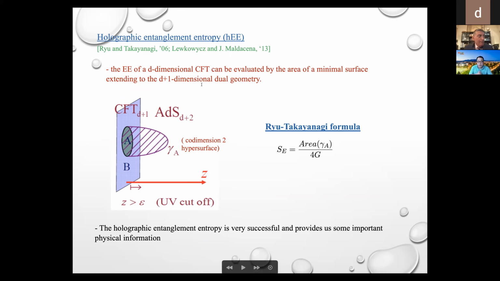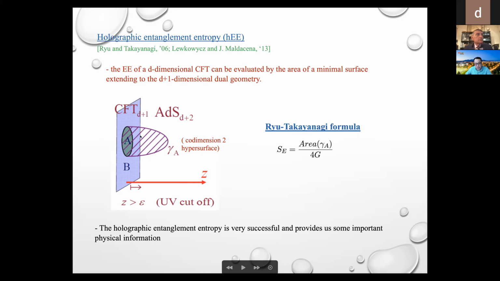So in this case, the entanglement entropy, to distinguish it from the usual entanglement entropy of the quantum field theory, we call this one the holographic entanglement entropy. Holographic entanglement entropy is defined as the area of the minimal surface.